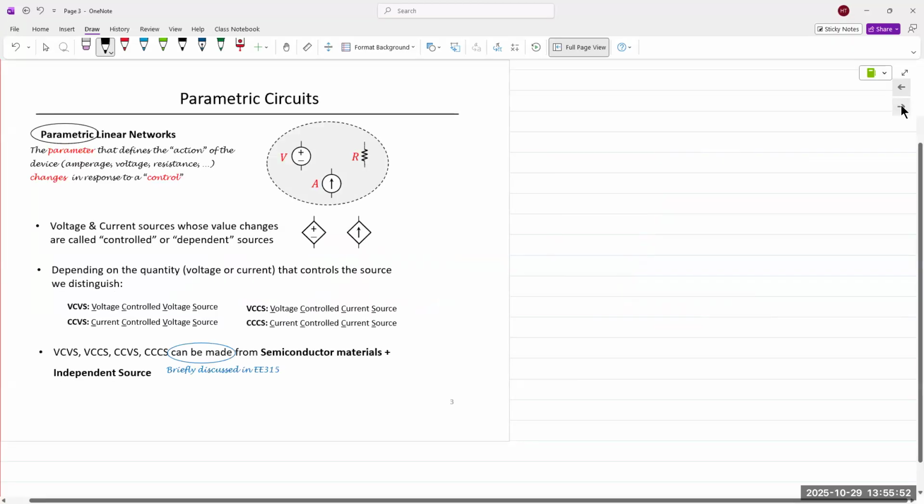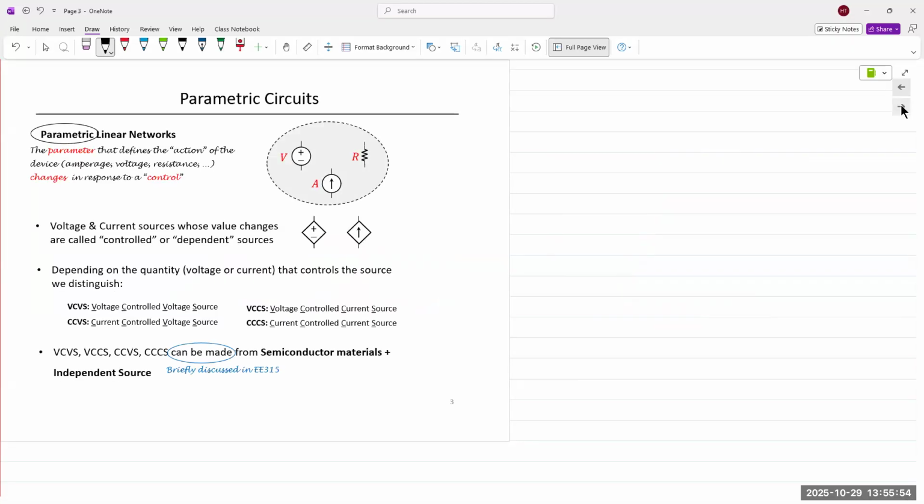All right, parametric circuits. The definition of parametric circuits is that the action of the device changes in response to a control parameter. So there is a control parameter in the circuit, and the response changes based on the control.